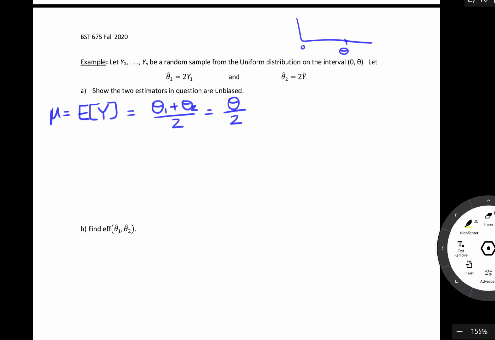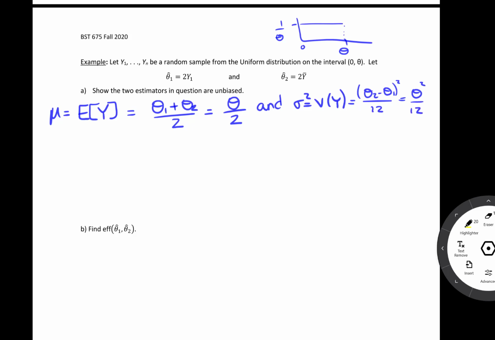So theta 1 is 0 and theta 2 is equal to theta for this example. Further, we can find the variance for this distribution using the properties of a uniform distribution. We know that this is equal to theta 2 minus theta 1 squared divided by 12, which is just equal to theta squared over 12 for this particular uniform distribution.